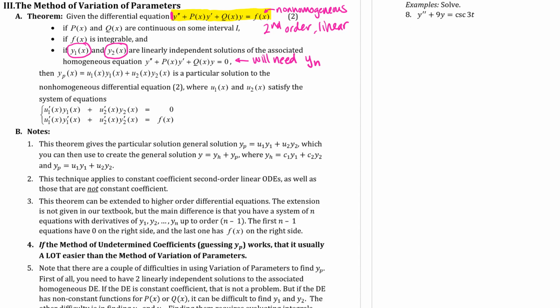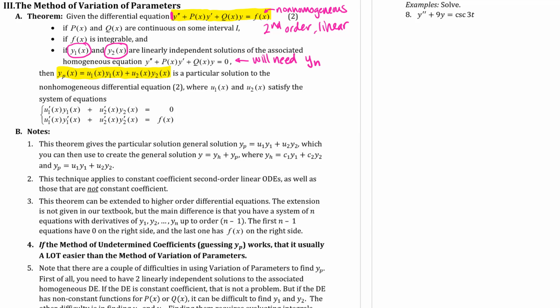Then it says that yp equals u1 y1 plus u2 y2. Those are all functions of x. The y1 and y2 come from our yh, the two linearly independent solutions of the homogeneous equation. And we've got this u1 and u2, so let's read the next part that tells us about that.